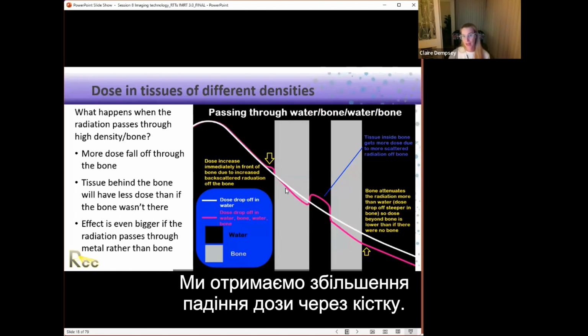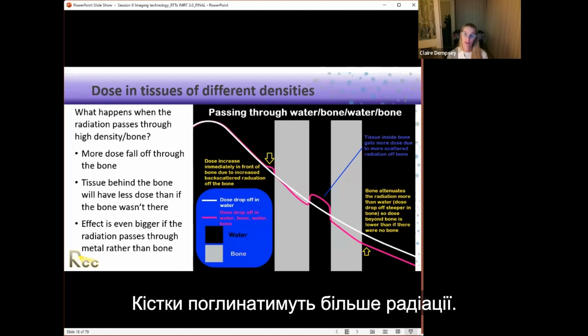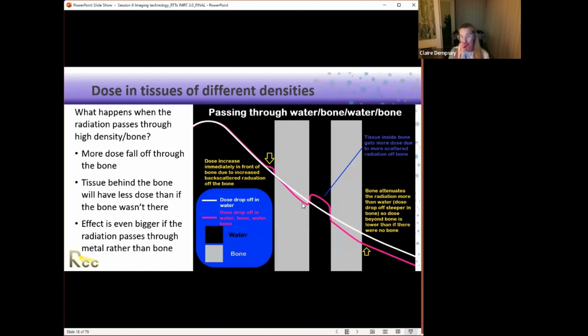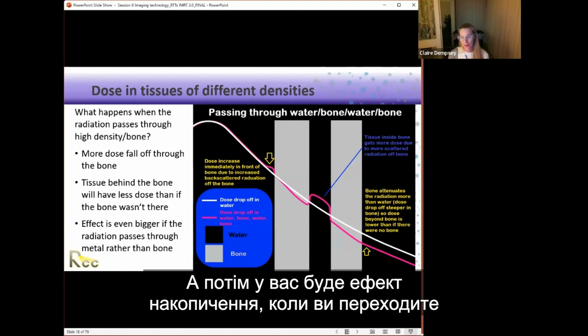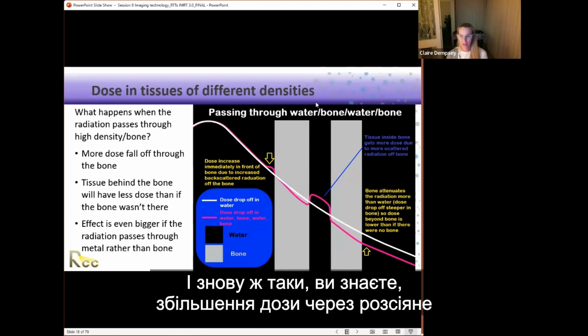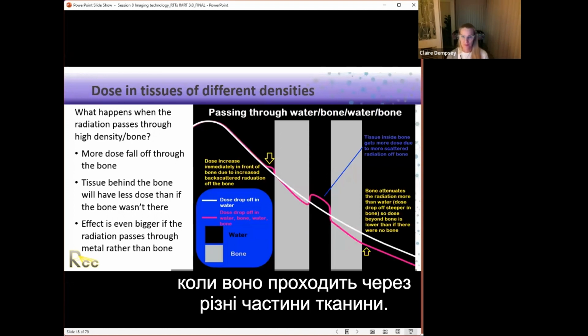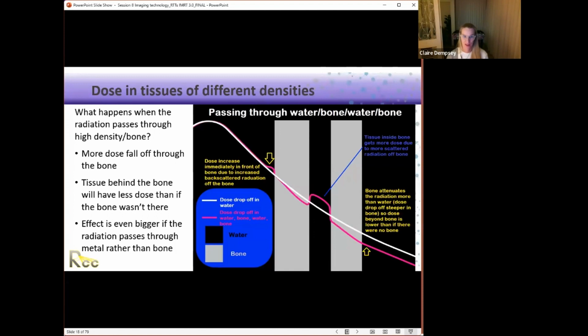We're going to get an increase in dose drop-off through the bone. The bone's going to absorb more radiation, so the dose is going to drop off more quickly in bone. And then you're going to have a build-up effect as you go from bone back to water. And then again, an increase in dose because of the backscattered radiation, and so on as it passes through the different parts of tissue.